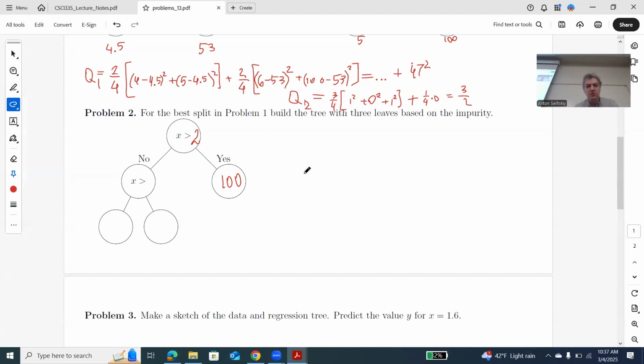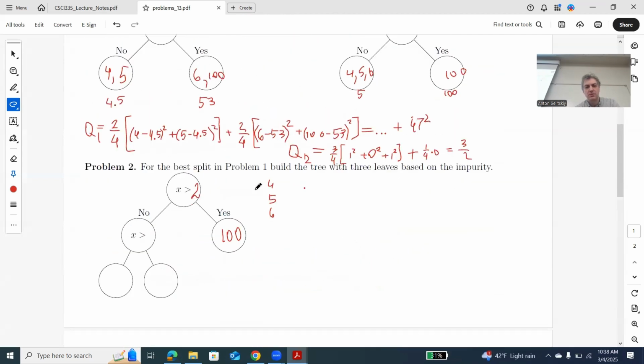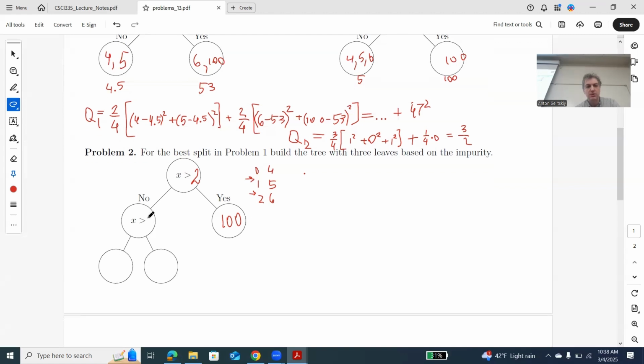So what are the possible thresholds? As you remember, our data is 4, 5, 6, and x is 0, 1, 2. So now we have 2 possible choices: between 0 and 1, and between 1 and 2. So let's try these 2 options, greater than 0, and the second option greater than 1.